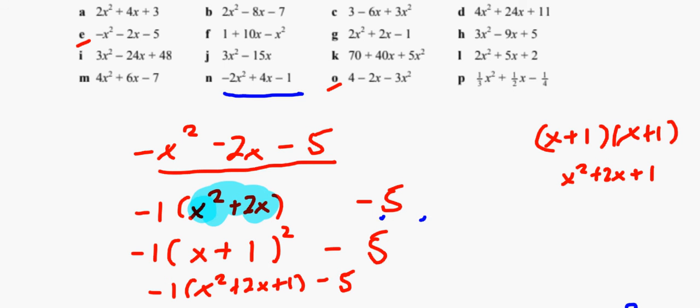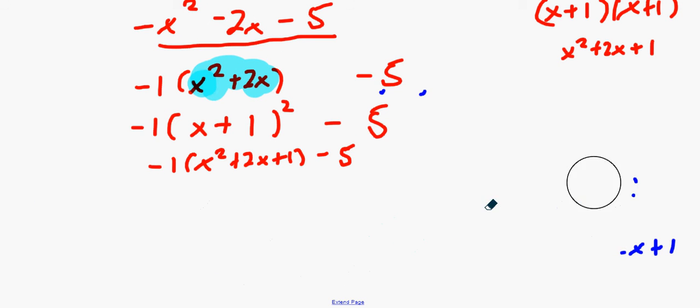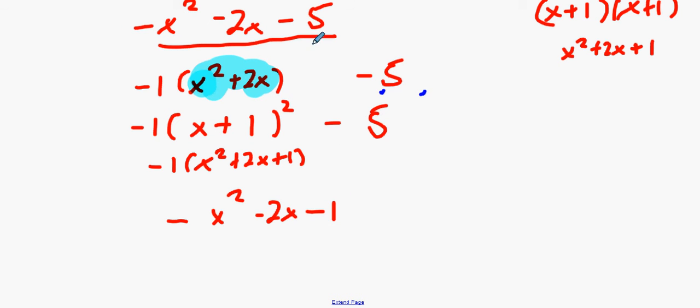Okay. Now what you get next? Multiply it out, and what do we get? Okay. I don't want a minus 1, I want a minus 5. So how do I fix that?